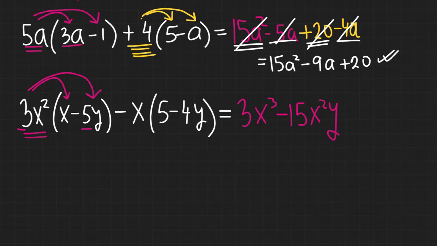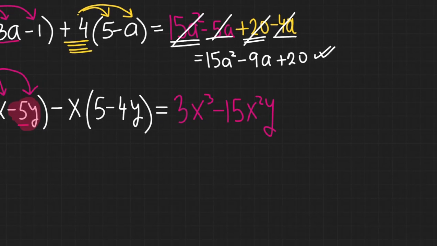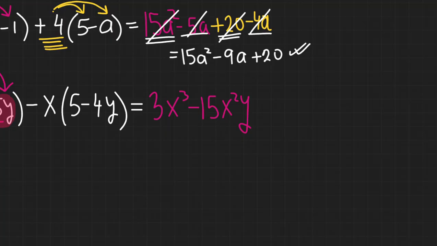So one more time, 3x squared multiplied by minus 5y. It will be minus 15 x squared y. Good. If that's clear, let us continue with the second part. In the second part, we have negative x multiplied by 5.